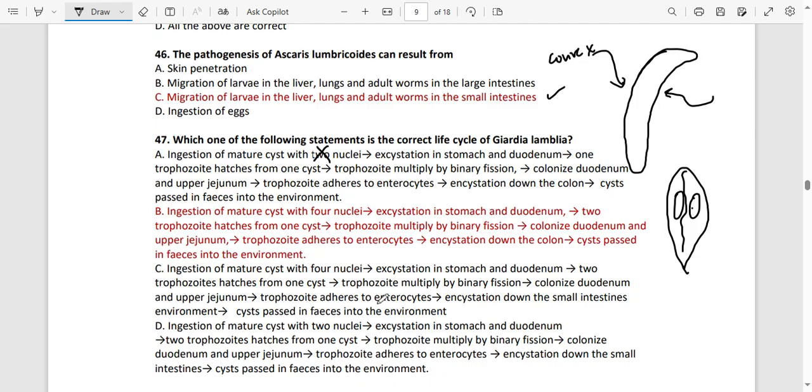Trophozoites adhere to enterocytes, encystation down the... okay, I've seen it now. B is saying encystation down the colon. So the cyst is going to form as you go down the colon. Then this one is saying encystation down the small intestine, and then the cyst is passed into the colon where I've got the feces, isn't it? That's where it's going to be passed into the feces to the environment.